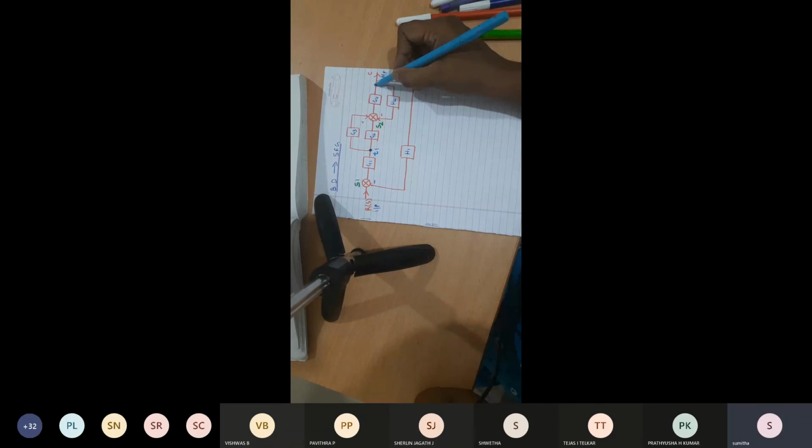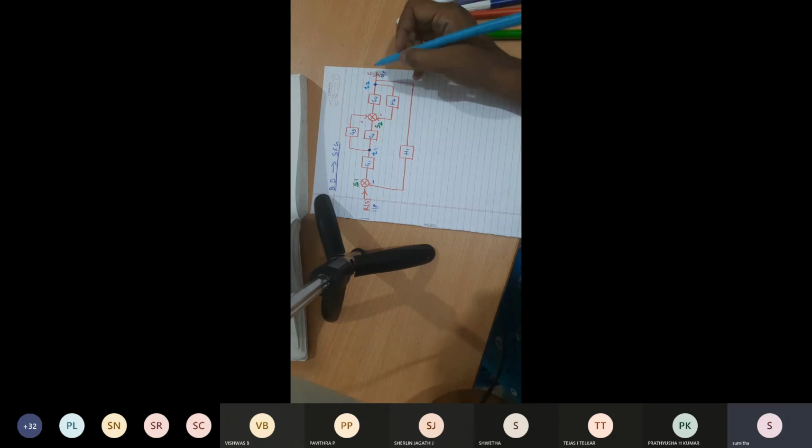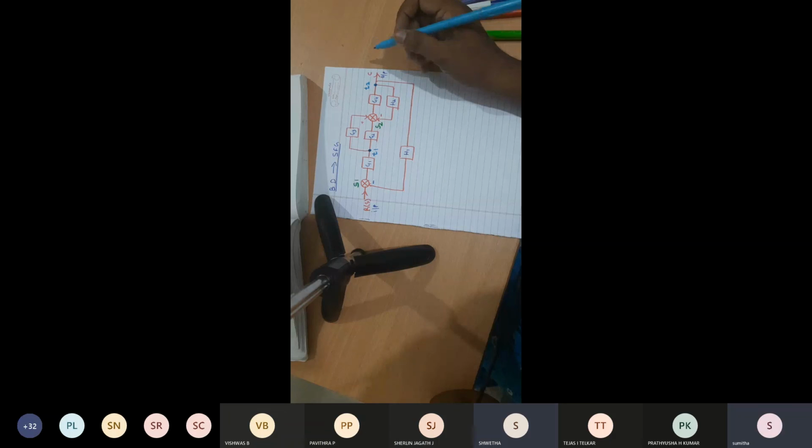And this takeoff point, I will name it as T2. Need not write this because that is same as T2. Have you named T1 takeoff point and summing point? Yes, ma'am. Okay.